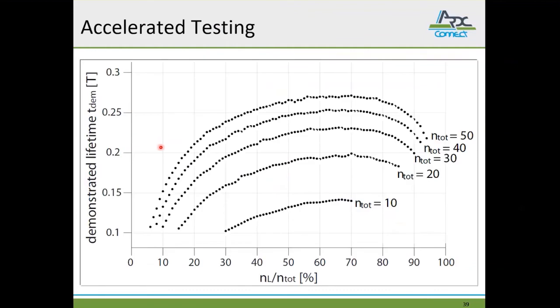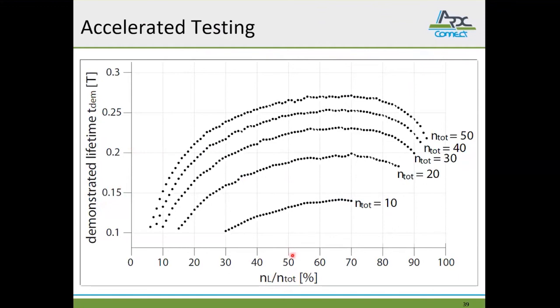So this is the one plot where we investigated the demonstrated lifetime versus the ratio of specimens on lower load level. So here you see how many of the samples are on lower load level. If we are at 50%, then 50% are on lower and 50% are on higher load level.